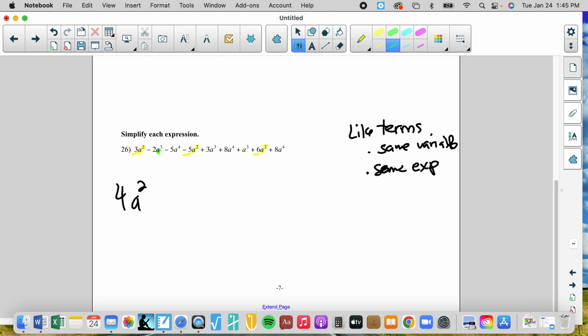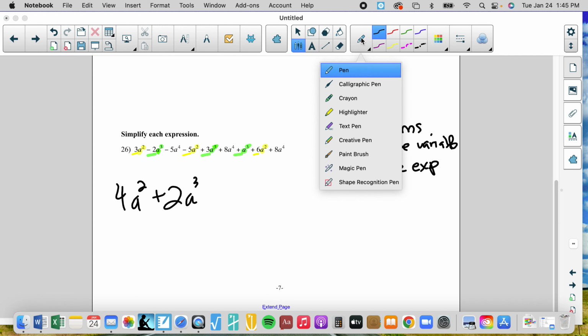So we have a to the third this time, so I'm looking for other a to the thirds. And I'm also looking for their coefficients. So I have -2, I have +3, and +1. So that gives me +2a to the third.